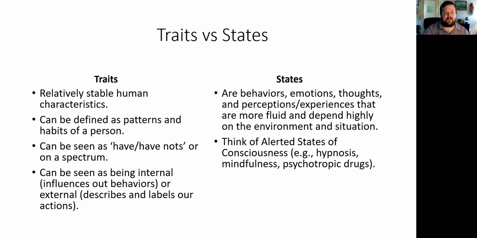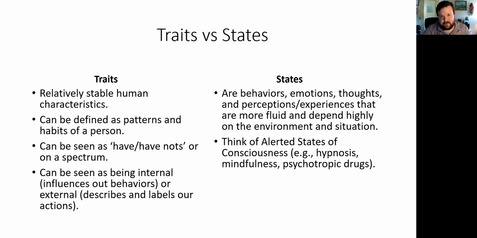And external describes or labels our actions. So, if someone is funny, others are laughing at their jokes. Again, that's more external. If someone's caring, again, that's going to be more described through their actions. And so, really, we can describe someone's internal characteristics and external characteristics from a trait theory perspective.